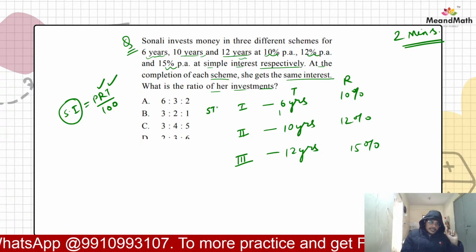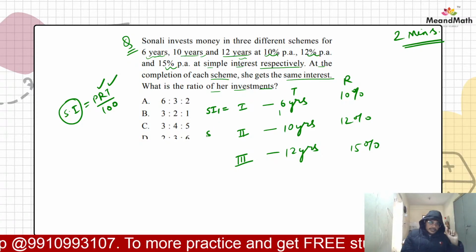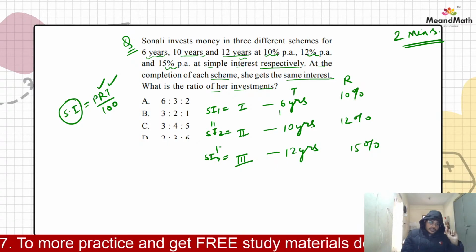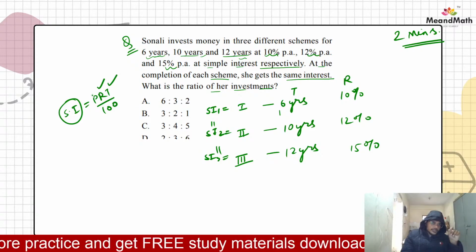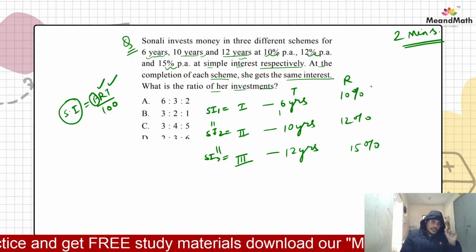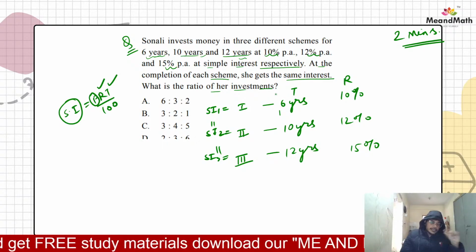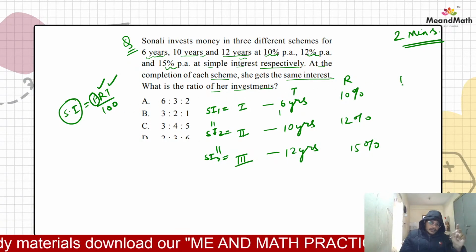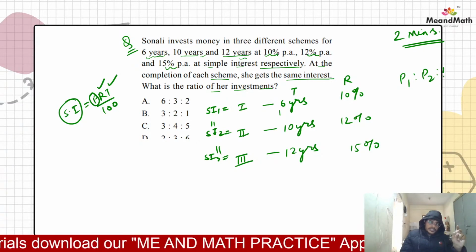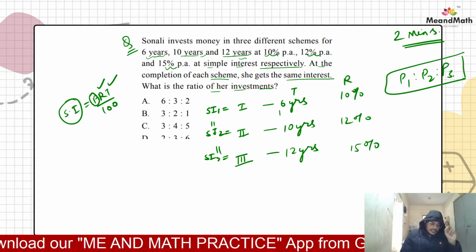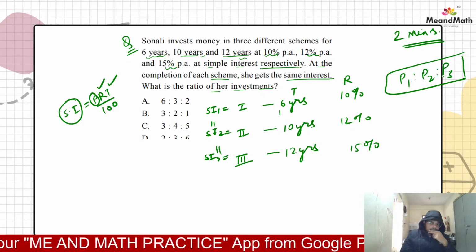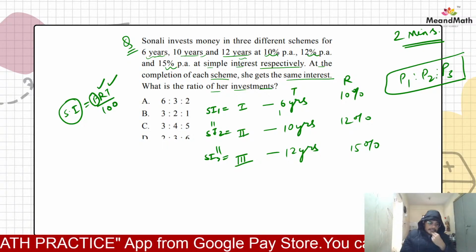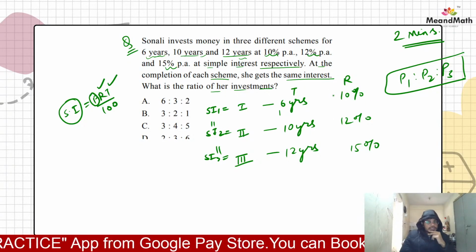That means SI1 is equal to SI2 and SI3 is also equal, right? That means you need to find the principal value, the investment in ratio. That means you have to find the ratio P1, P2, P3. Is this thing clear? If this is clear, then you can do this question.